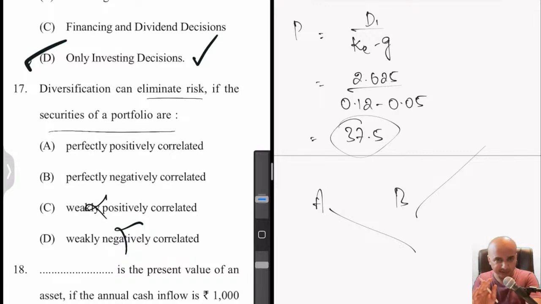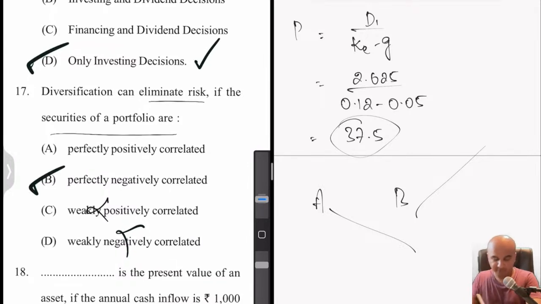So this diversification can eliminate risk if the securities of a portfolio are perfectly negatively correlated. That means when one goes up, the other goes down. When one goes down, the other goes up. So that way, whatever might happen, I will still be safe. So therefore, in this case, option B is in fact the right answer.